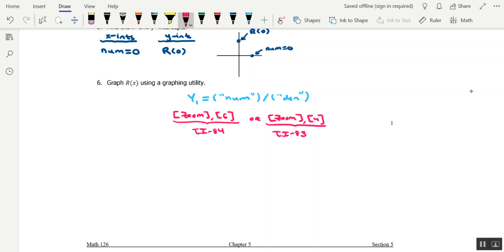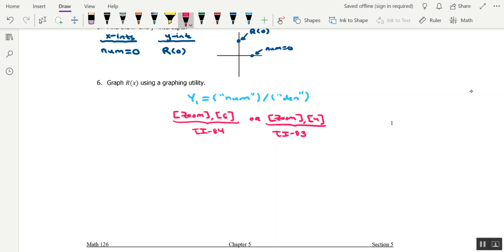The reason for that is if you do zoom option 6 with a TI-83, the graph is going to look very jagged, kind of like a cardiograph. That's basically the result of the graphing calculator trying to connect all the pieces involved, which, due to the vertical asymptotes, are going to be disconnected from each other.